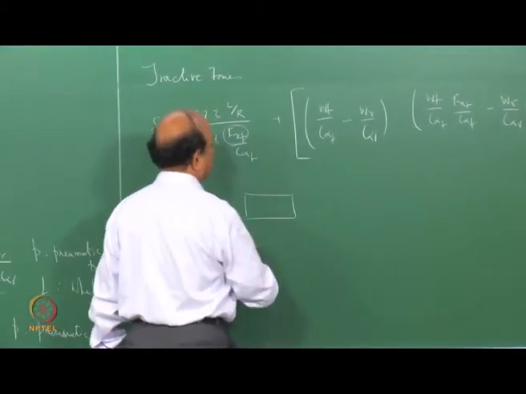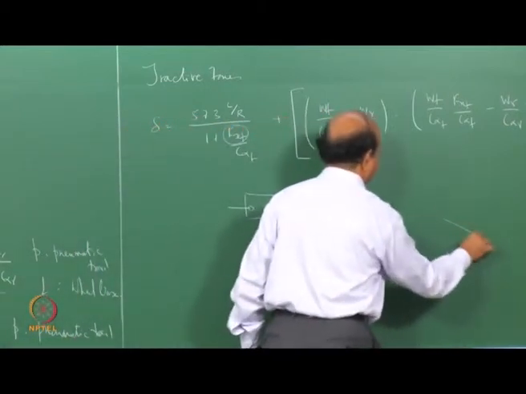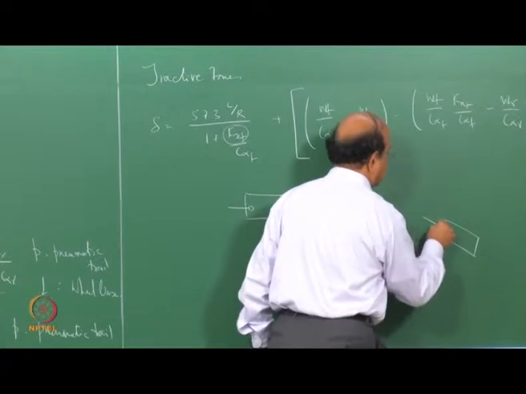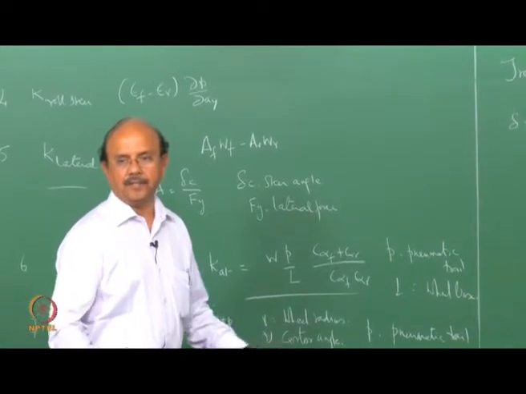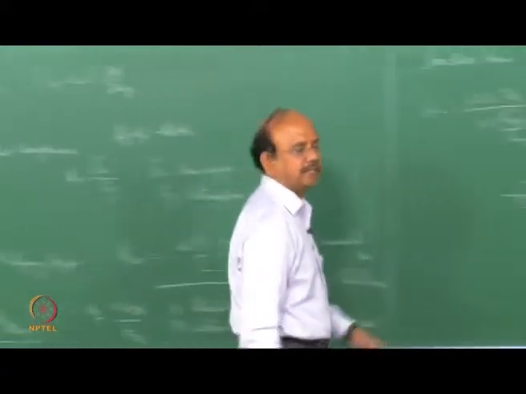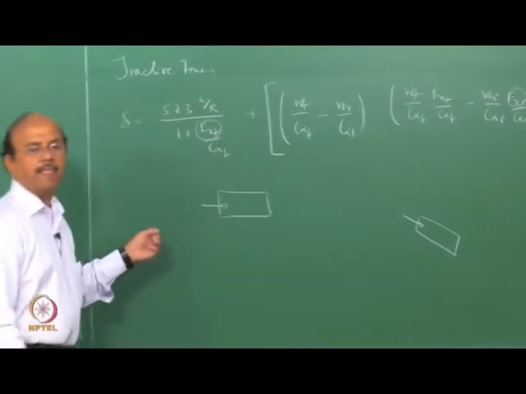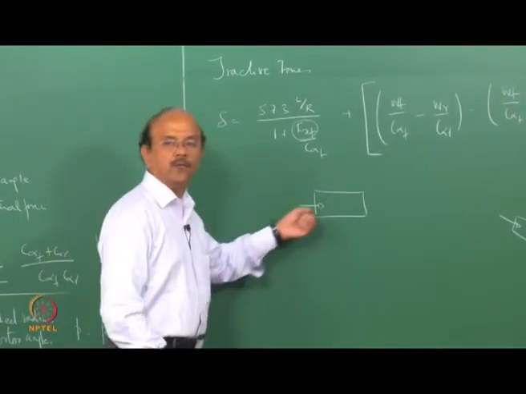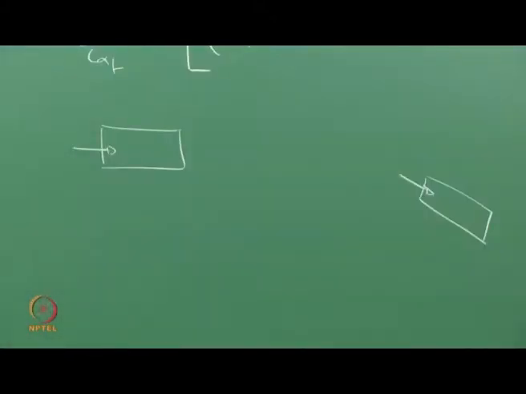So if this is the rear tire, and this is, say for example, the front tire, then those are the FXF and FXR that act. For example, if it's traction and a front wheel drive, then FXF is what you will get, and you won't get FXR whenever you are accelerating. Now look at what happens.